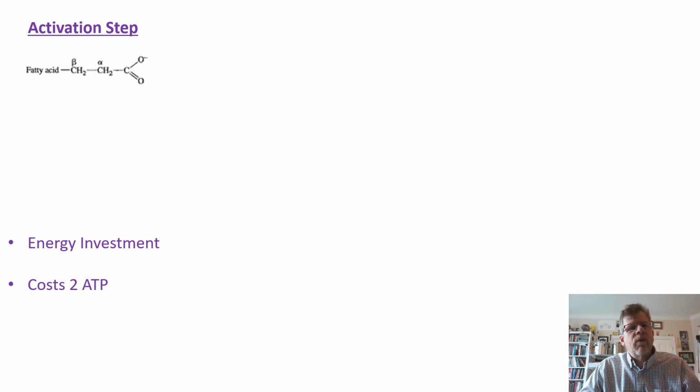To start us out, over here in the upper left-hand side, we have that abbreviated fatty acid that we saw on the end of the last slide with our alpha and beta carbons. All eyes, remember, are going to be on that beta carbon.